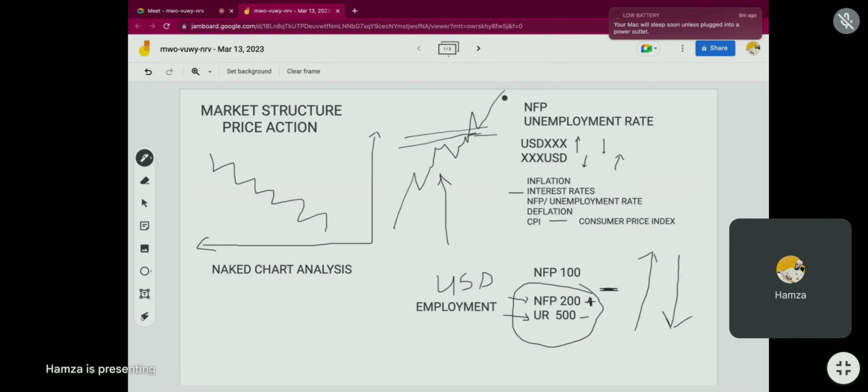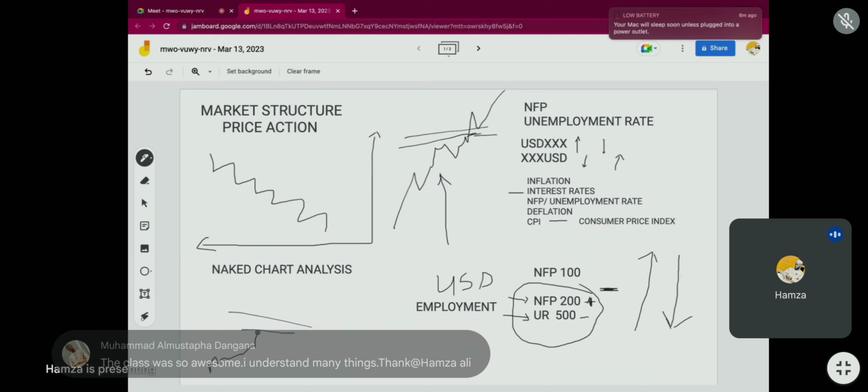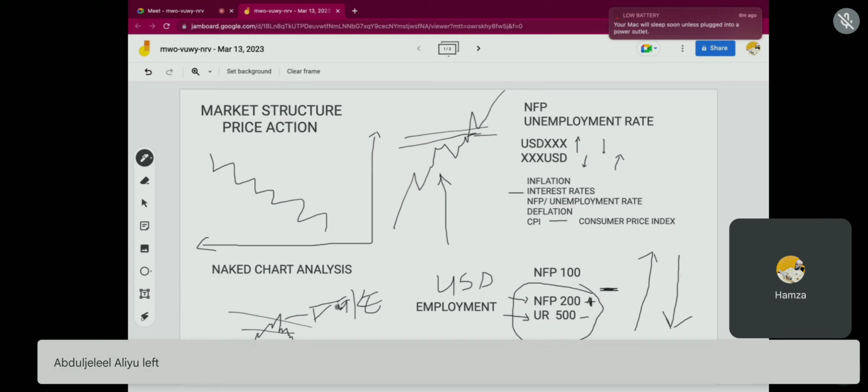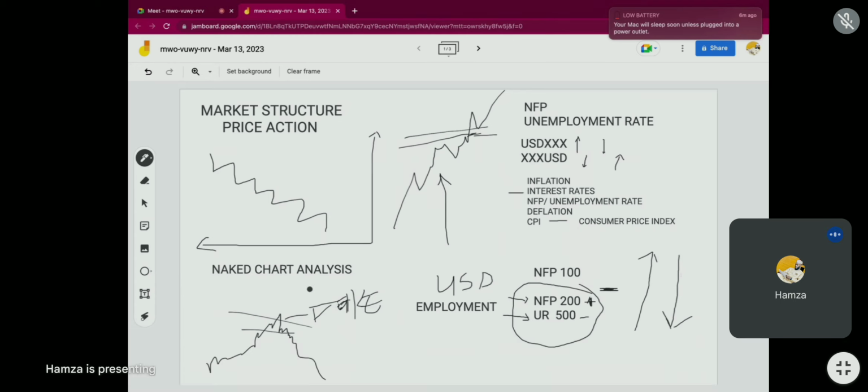And here, this is a fake out. If price comes, goes like this, pierces through the PUI, and then comes down and continues, this here is a fake out, because it made an impression that it wants to break out, but it didn't. It's just English, fake out. It's just your ability to train your eyes to see these things.